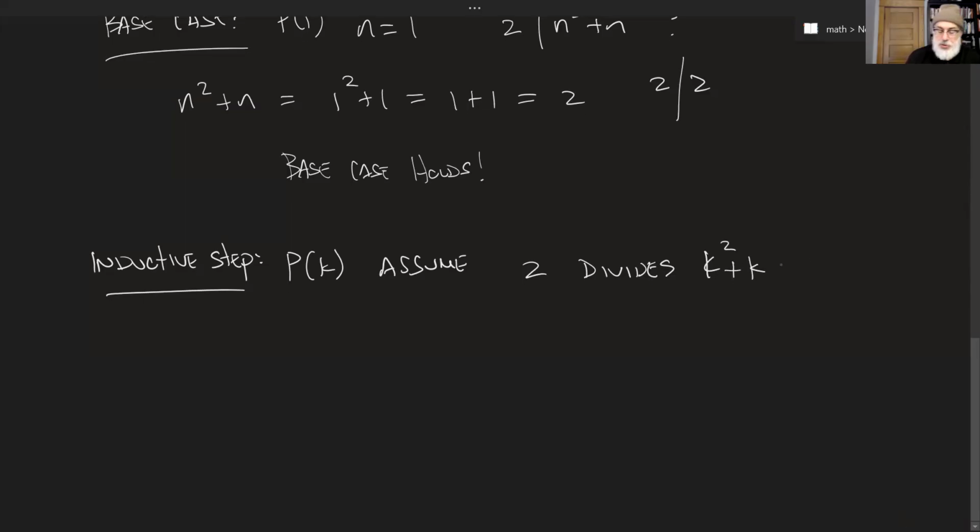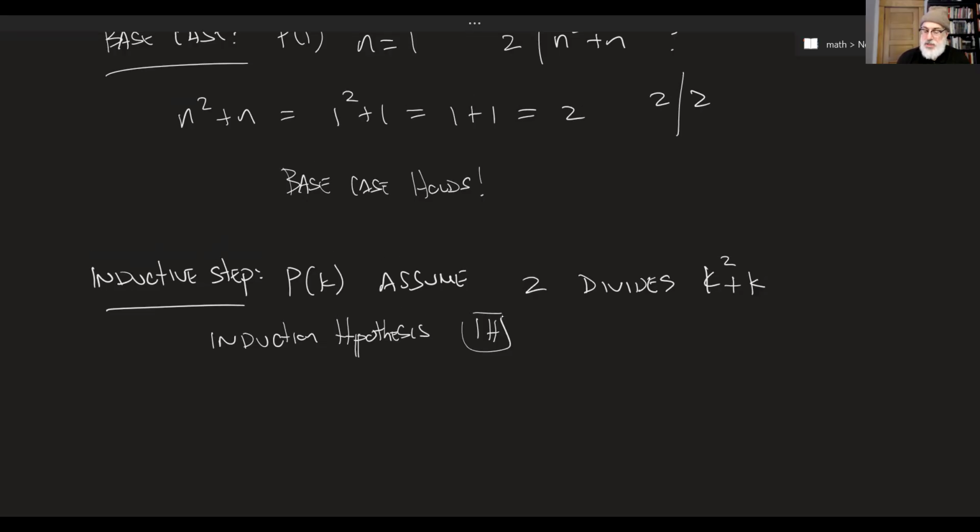So we're assuming this is true. This is our induction hypothesis. I like to write IH. So we're assuming that k squared plus k is divisible by 2, which means that we can write it as an integer multiple of 2.